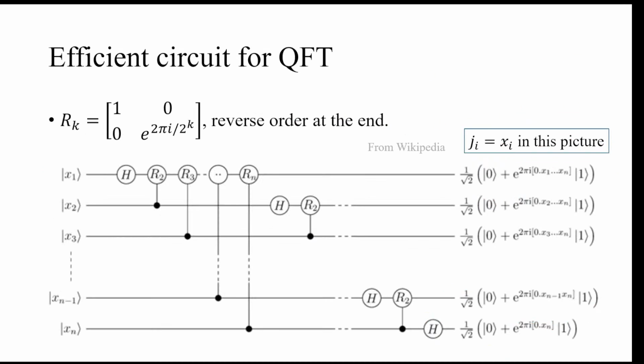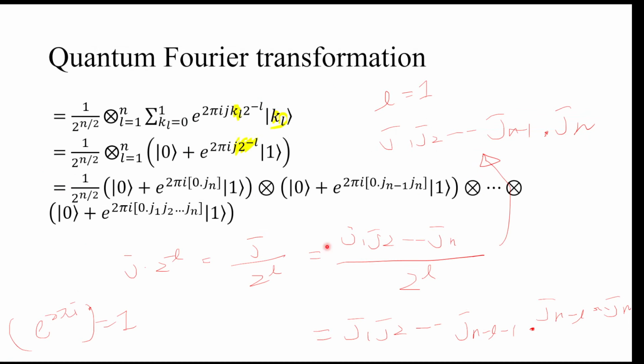So the nice thing about using this expression is you see that only the last qubit depends on j1, because you get those phase expressions shorter and shorter.